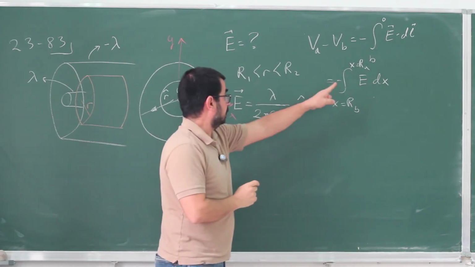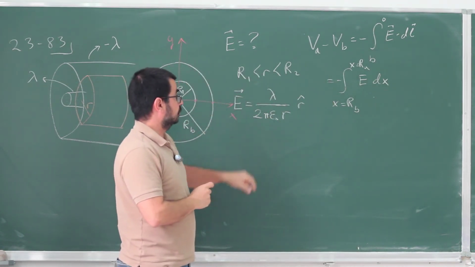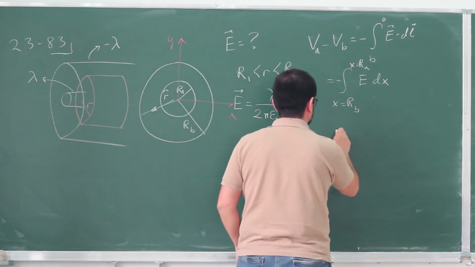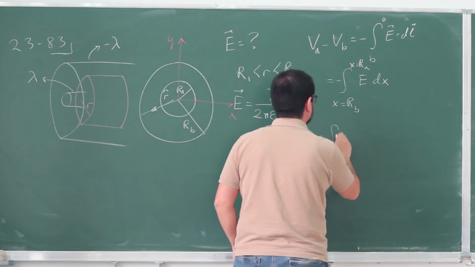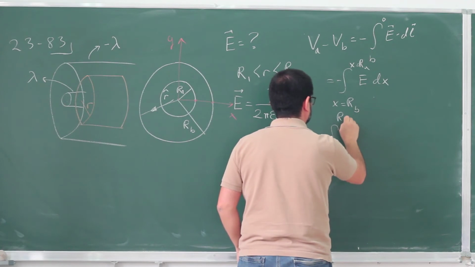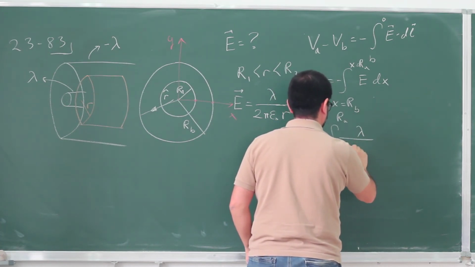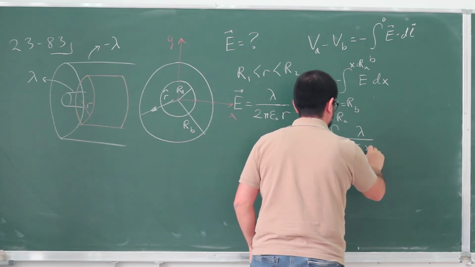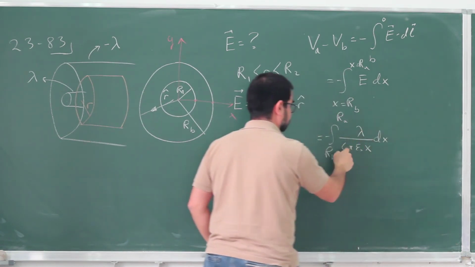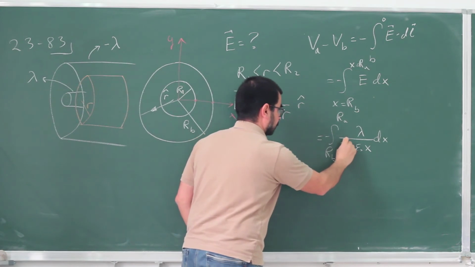Okay? And this E, the magnitude is just given by this, so this is going to be from RB the minus sign to RA, lambda over 2 pi epsilon naught x dx.